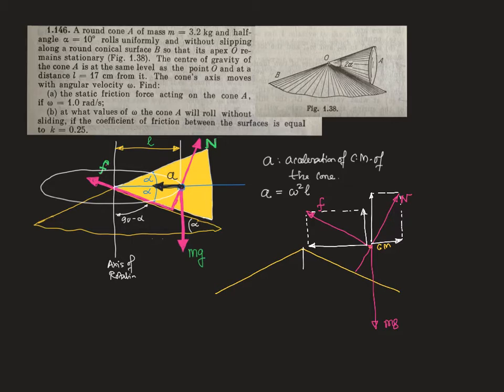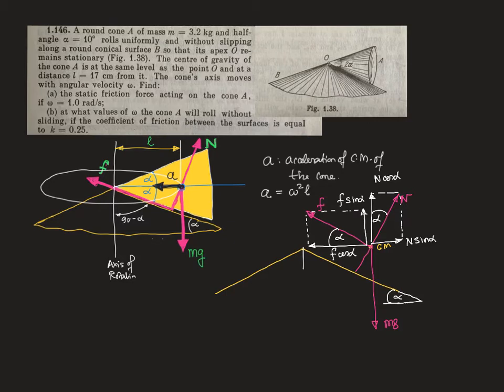For the components of the normal force, this angle is alpha, so this angle is also alpha. So the horizontal component is N sine alpha, the vertical component is N cos alpha, and for friction the vertical component is F sine alpha and the horizontal component is F cos alpha.